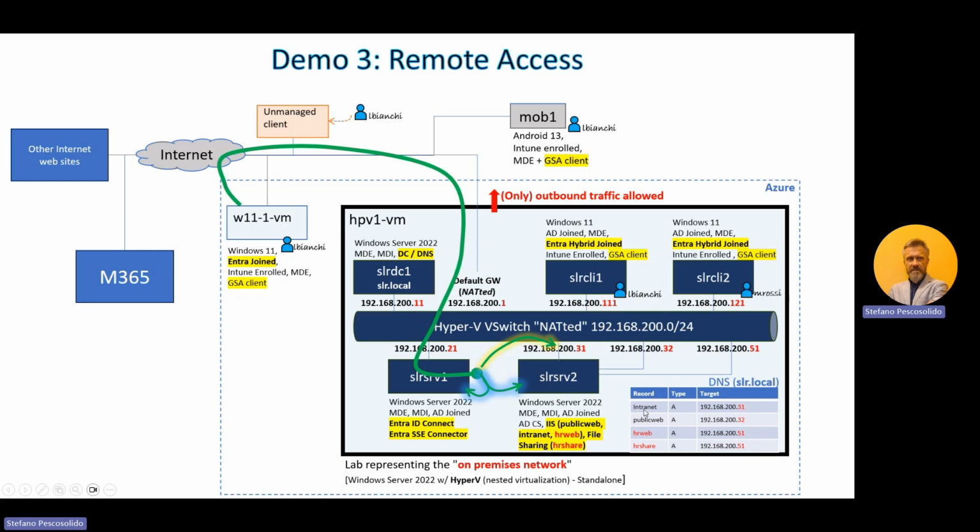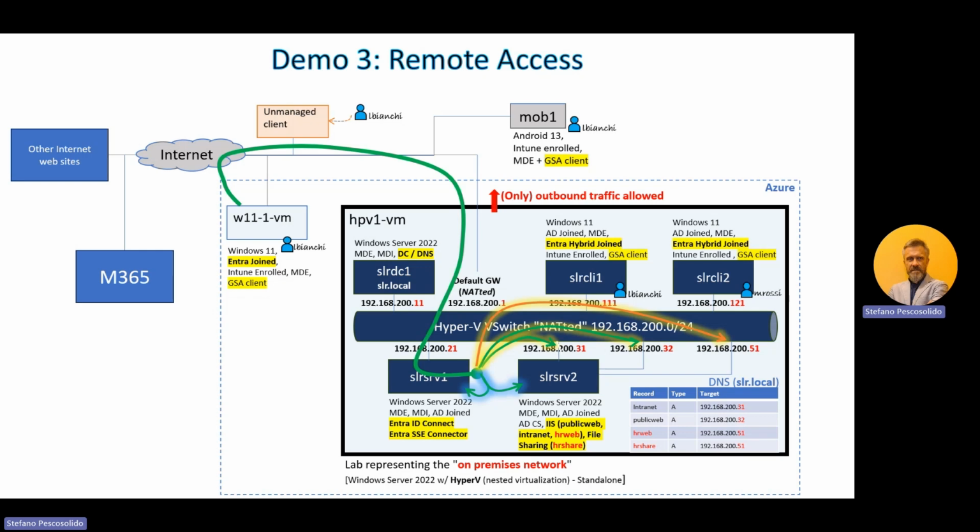Specifically, on that IP address I have an authenticated website named intranet. Here I have published another website, which is an anonymous website, named public web. Finally, here I have a specific website named HR web, which requires enablement for access through an entitlement management package.